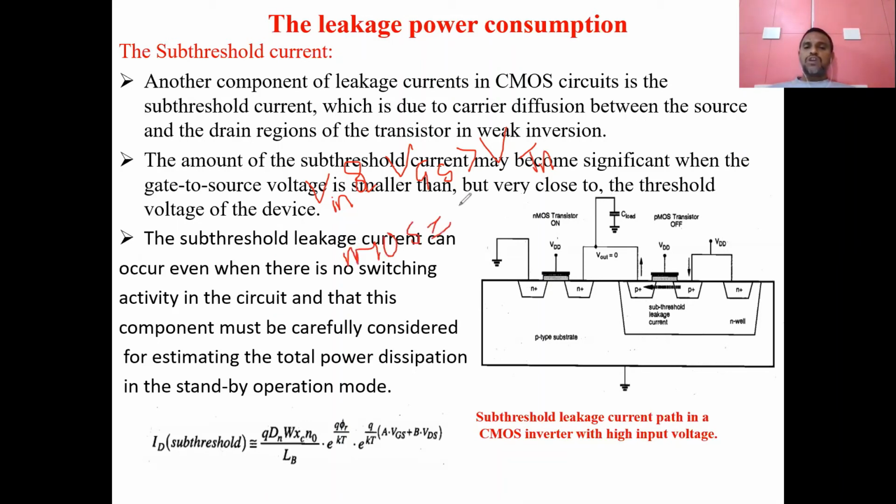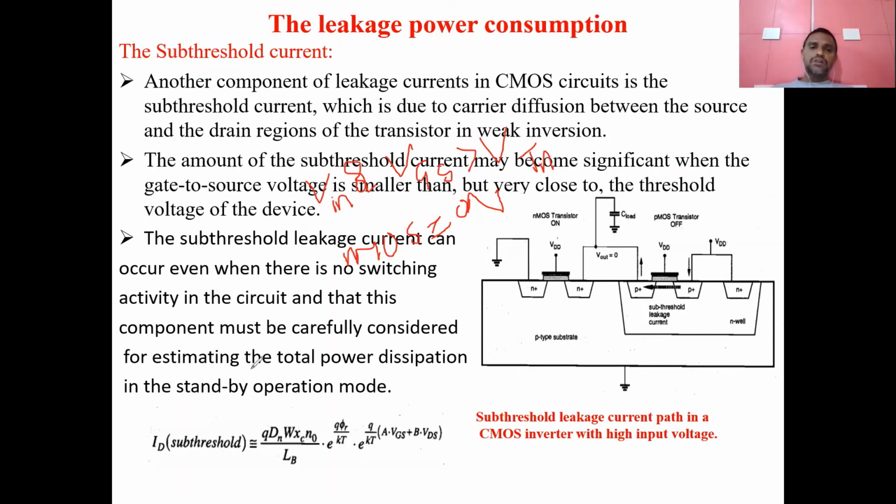An inversion layer will form, that is, the channel formation will take place whenever the input voltage is greater than the threshold voltage, and we can consider the transistor to be in the on condition.